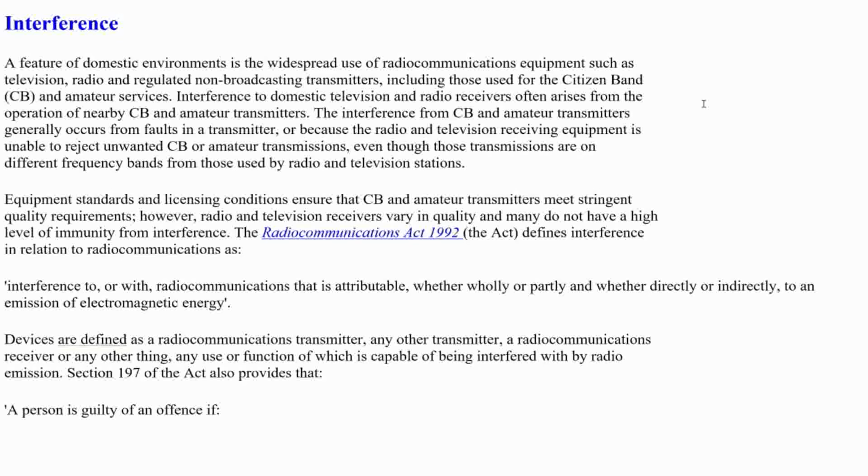Now, just a little bit about interference. Again, this was taken out of the amateur operators' operating procedures. I think it's important. There's not a lot to remember. It's more of a common sense thing than anything else.